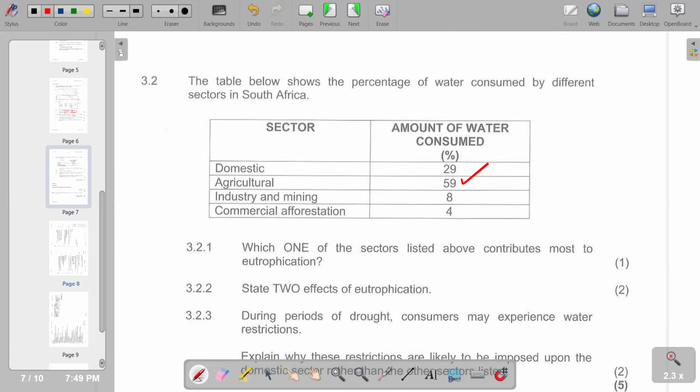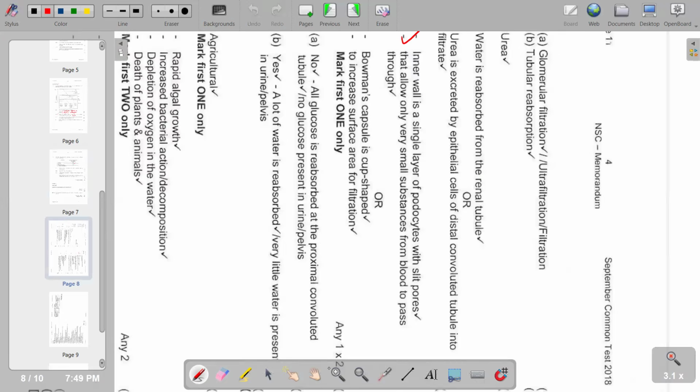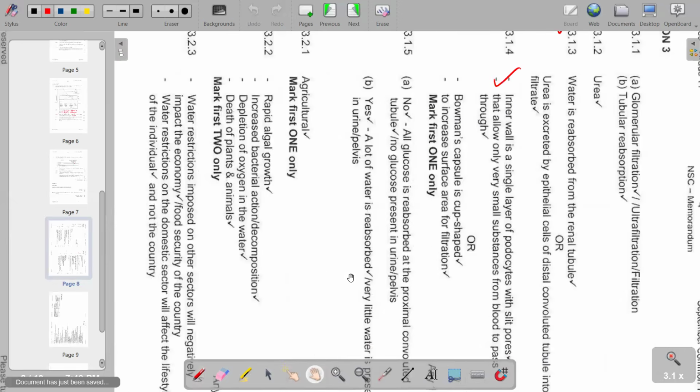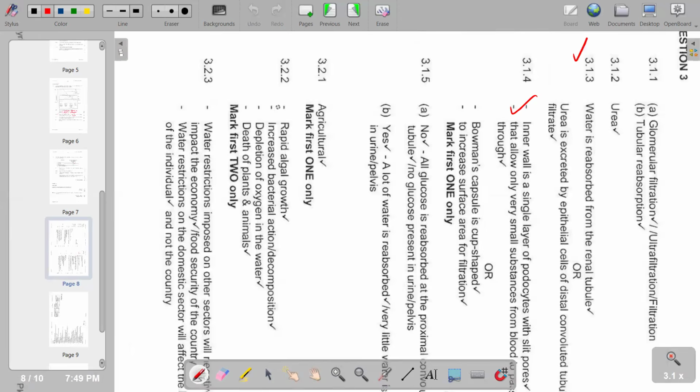So depletion of oxygen is one of the effects, and we have those stated again in our other section. So 3.2.2 is stated on this part. These are the effects: we've got 1, 2, 3, and 4.